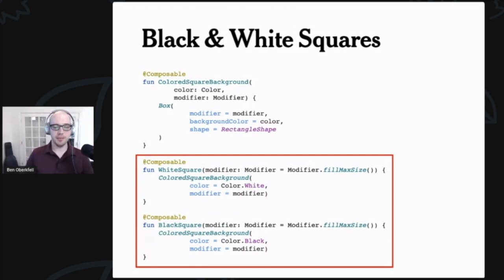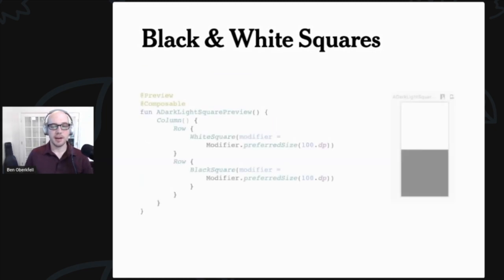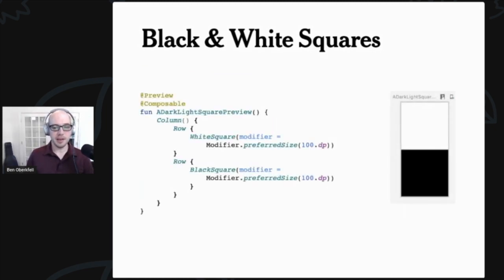So what does that do for us? Let's go over to the preview in the Android Studio view. This is a thing you could actually just paste right into Studio. We're going to take a white square, and we're going to pass it a modifier to say preferred size, which is the size on either dimension, height and width.